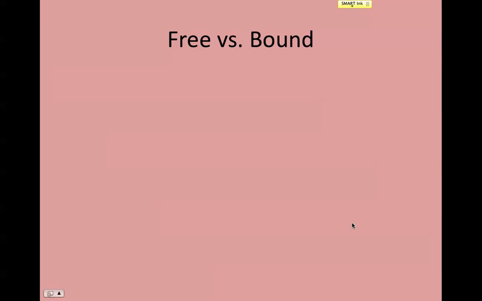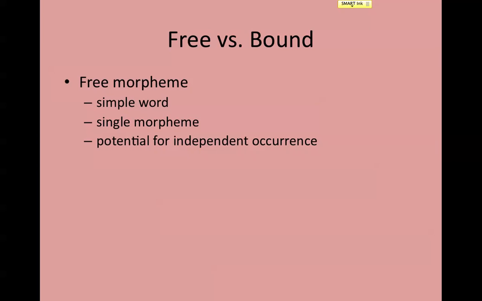Now, in morphology, you might have heard me say free morphemes and bound morphemes. So we distinguish between the two. A free morpheme is a simple word, a single morpheme, and has potential for independent occurrence. So for example, man. It's a simple word.